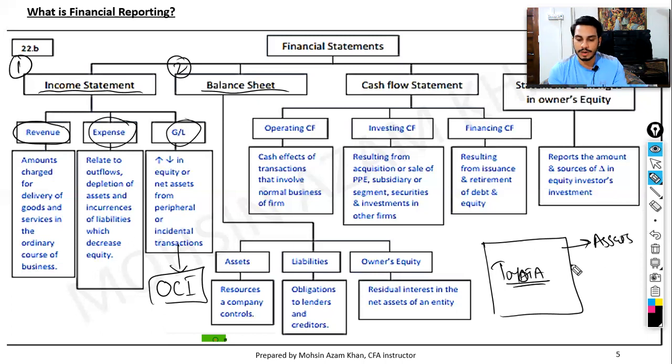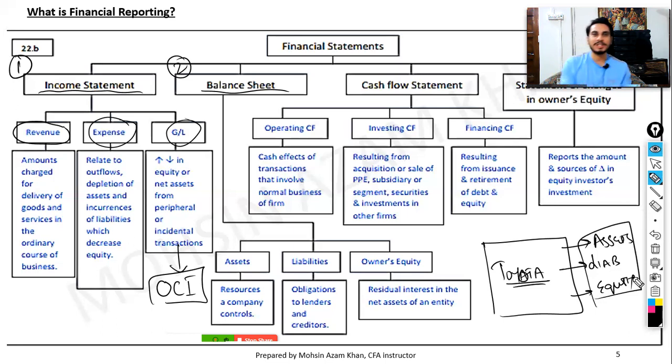Assets, liabilities, equity. These three things are reported in the balance sheet. So if you want to see how many assets a company has, how many liabilities the company has, you will look into their balance sheet. I will show you a glimpse of it later on.